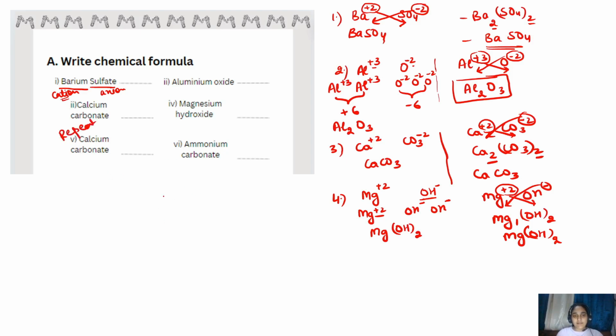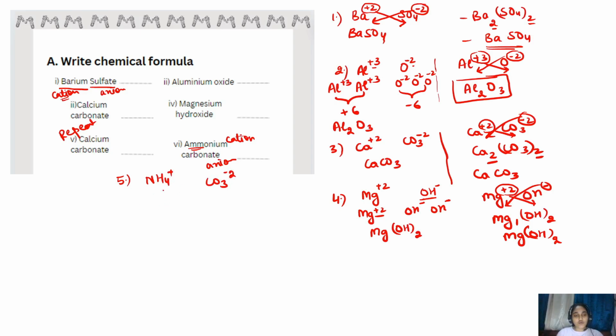And let's do ammonium carbonate. Okay, so first, ammonium is your cation and carbonate is your anion. Ammonium is NH4 positive and carbonate is CO3 2 negative. How to balance?